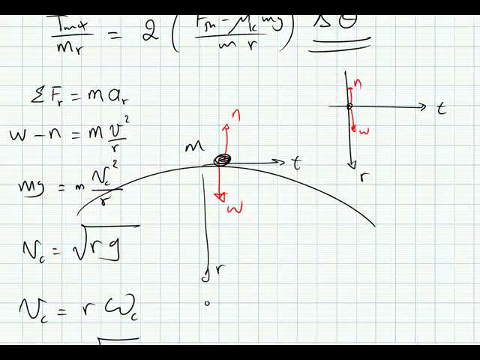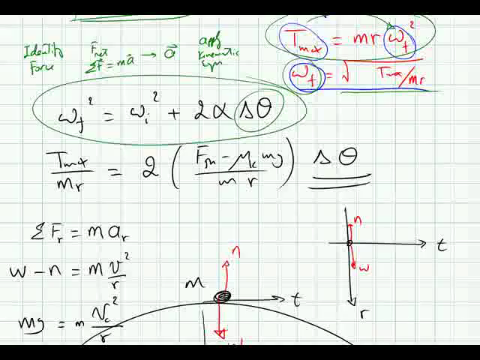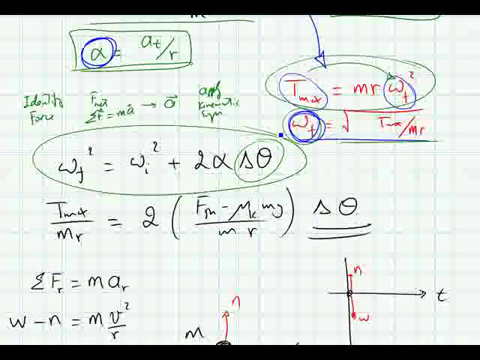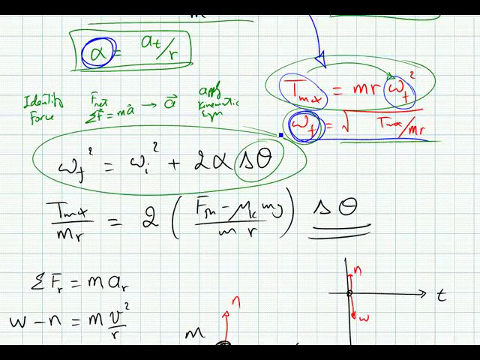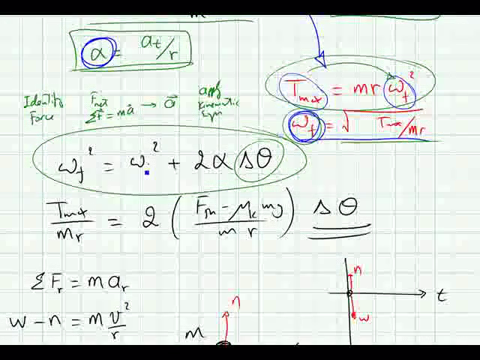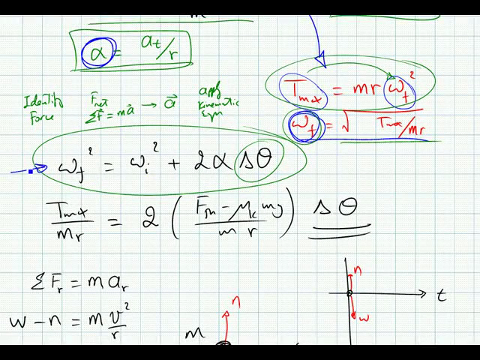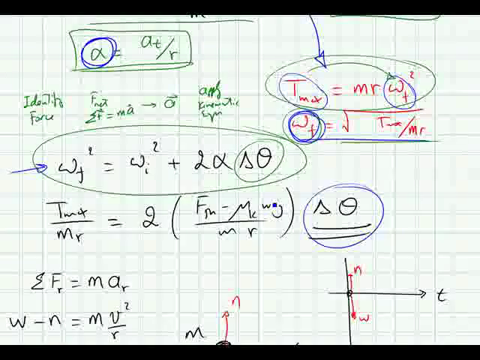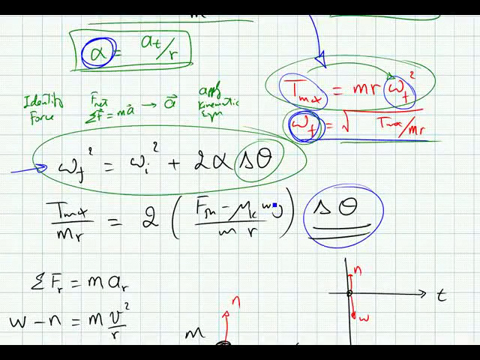So we have an expression for our angular acceleration, we have an expression for final angular velocity, assuming that we start from initial angular velocity of 0, then you can use this equation here to calculate how much angular displacement, or how many revolutions the object will go through before the string breaks, for example.